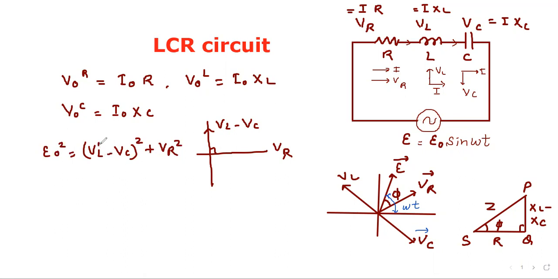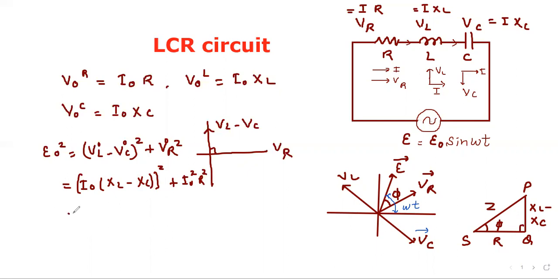Suppose we take peak values, so I'm putting 0 here. So it will become I0 times XL minus XC whole square plus I0 square R square.